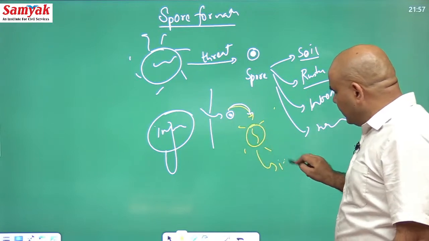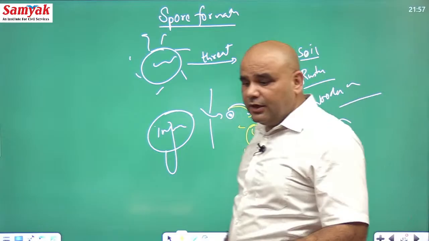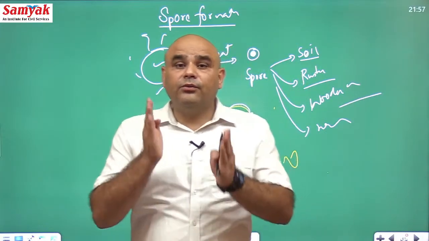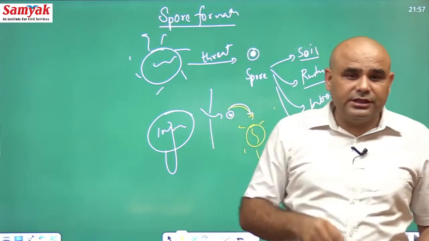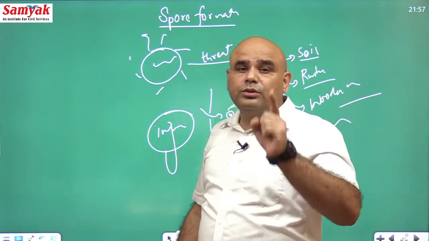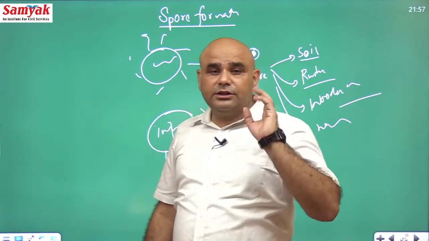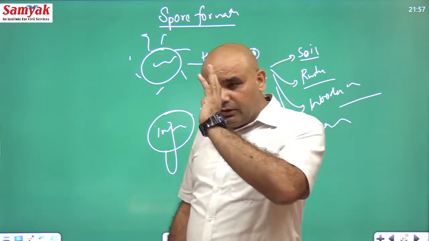And this will lead to infection. That's why it is said that whenever you get an injury, you are supposed to get the TT shots. TT shots are necessary whenever you get an injury.